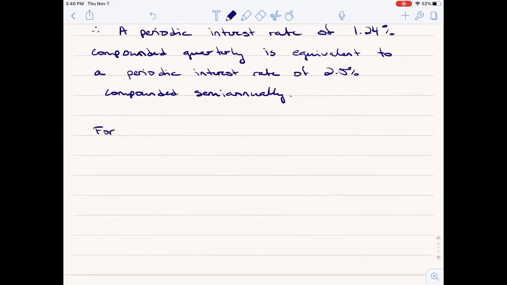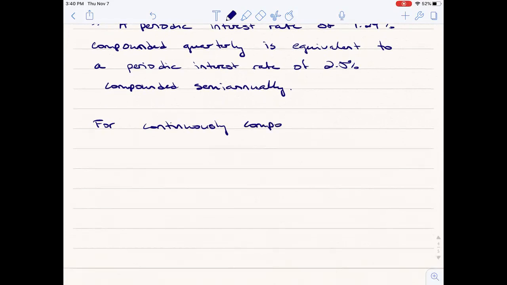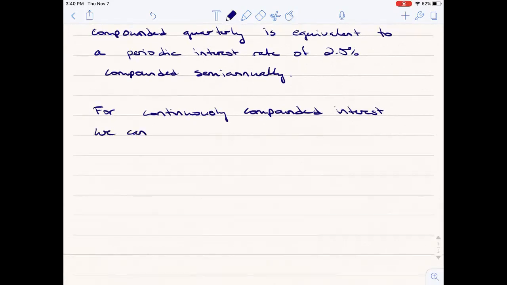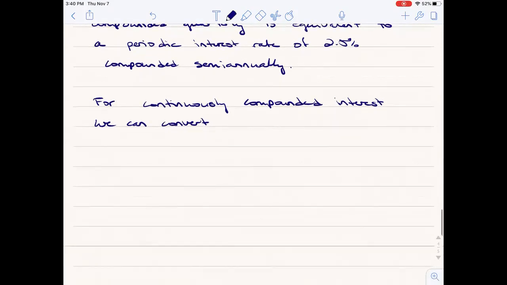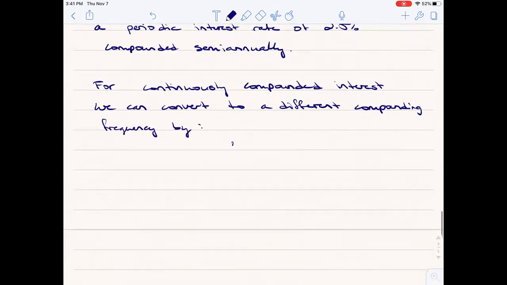For continuously compounded interest, we can convert to a different compounding frequency by I2 is e, so there's that e again telling you this is continuously compounded, to the power of R over F2, minus 1. This is also on your formula sheet.